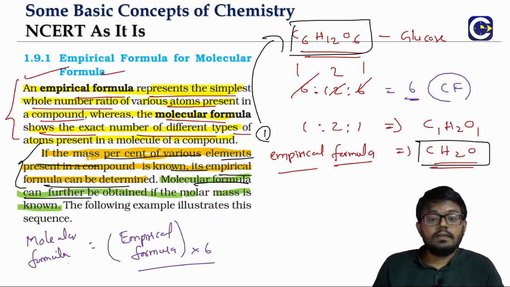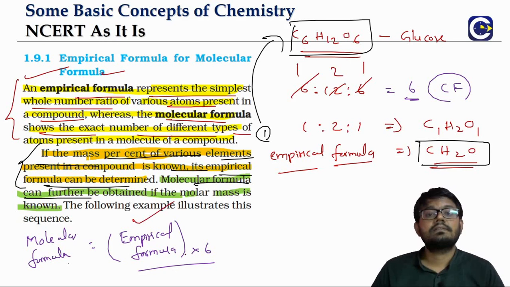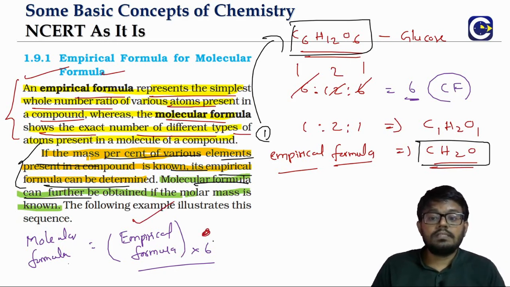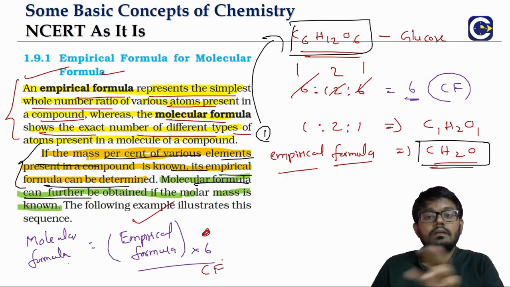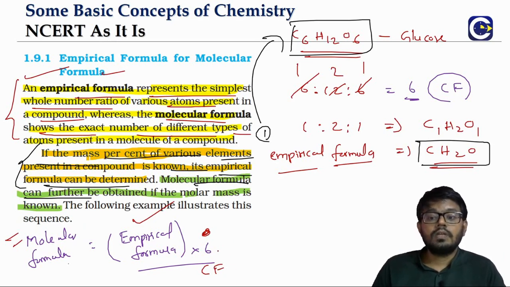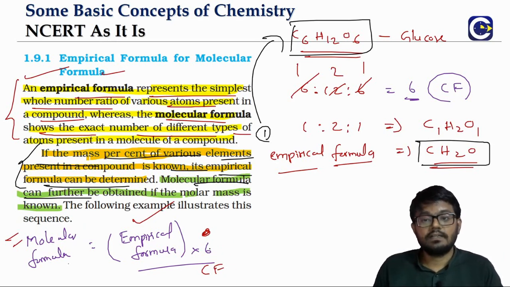From the experimental mass percentage data, we first get the empirical formula. If you know the common factor, by multiplying the empirical formula with it, we get the molecular formula. So now our task is, how do we get this common factor?